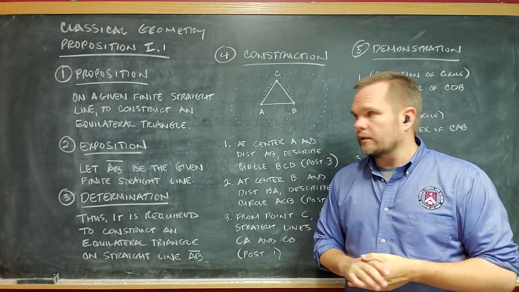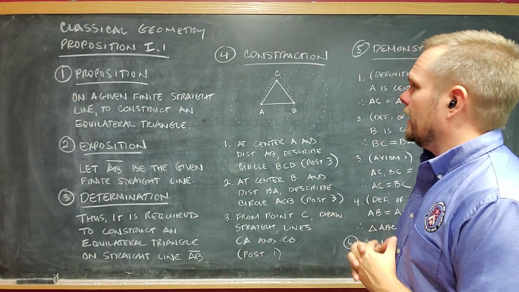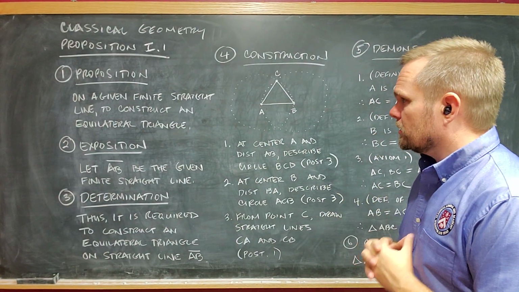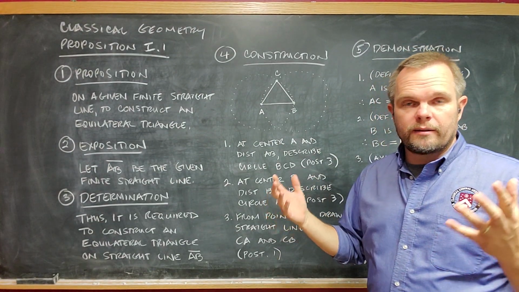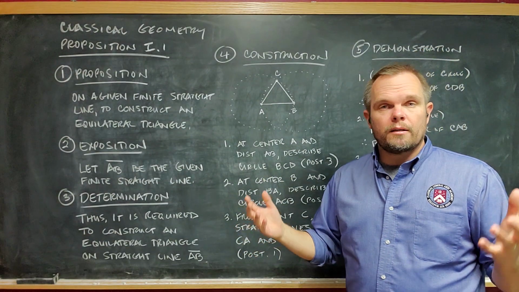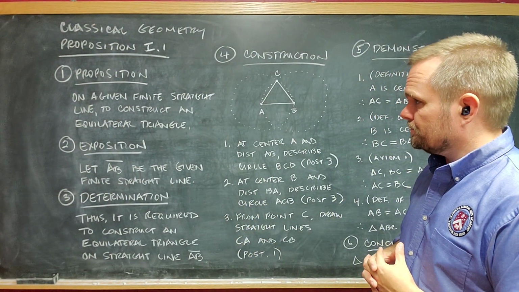So the question is, how can we do that? How can we build absolutely certain knowledge? And the answer is by using the elements and reason to solve any problem or demonstrate any theorem.